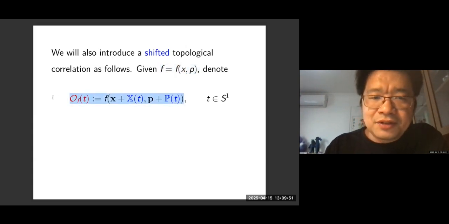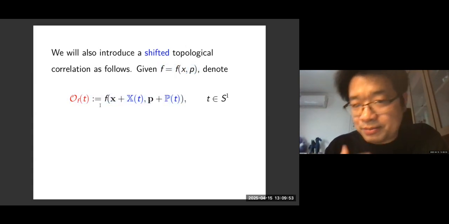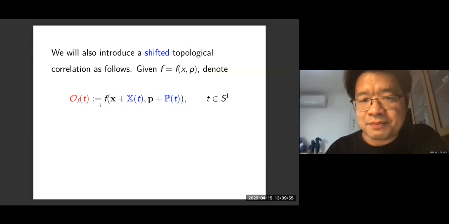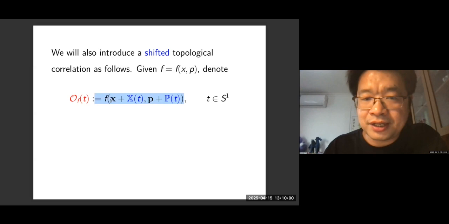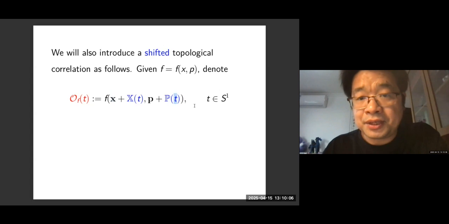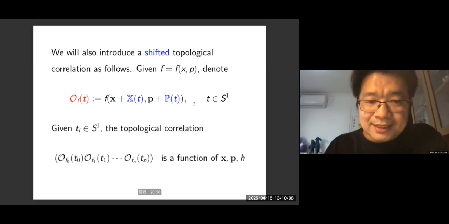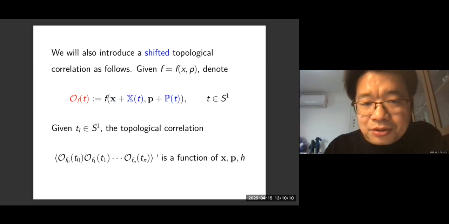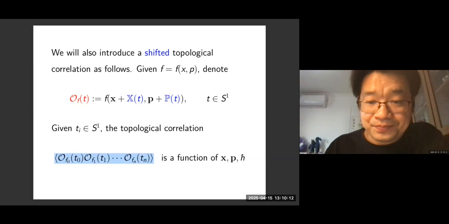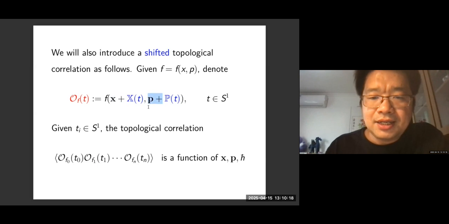I look at a random perturbation, basically a fluctuation by this process at time t. This depends on x and p and also on t. Then I can define this topological correlation in the same way, computing this correlation under this shift by the background x and p in the large variance limit.